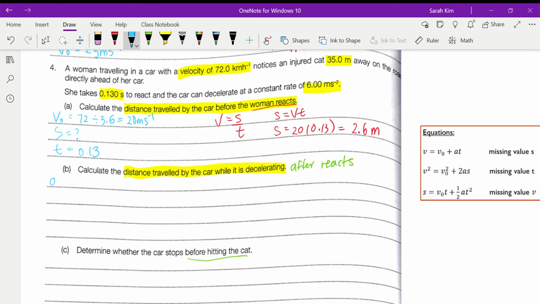because once it starts to press on the brakes and decelerate, my acceleration is decelerating, so that's -6 meters per second squared. What have I got? My velocity initial is 20 meters per second because I calculated it up in part A. My S is the question mark. And what else do I have?